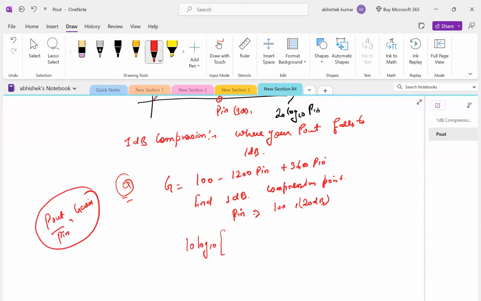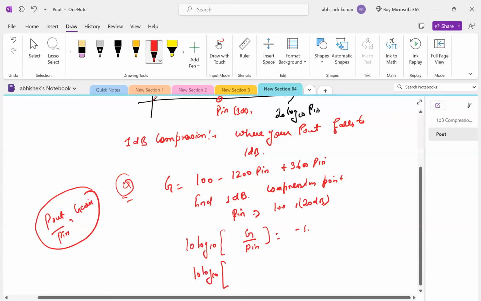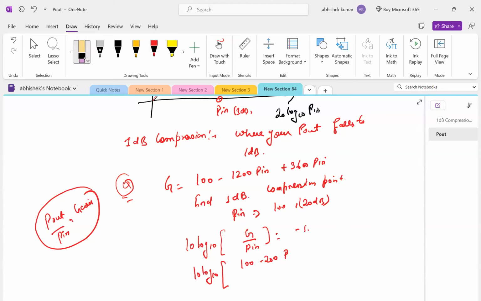So the power gain will fall to minus 1 dB, and that is equal to, what is your gain? 100 minus 1200 and, in place of P in, you have to write P 1 dB, plus 360 P 1 dB square divided by 100, and you will get minus 1.